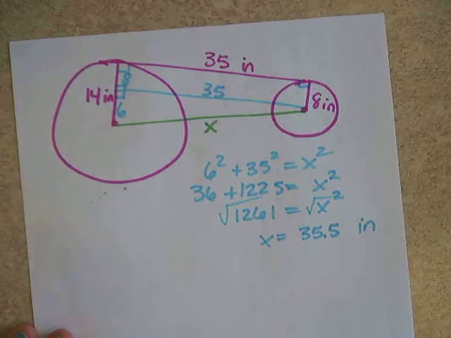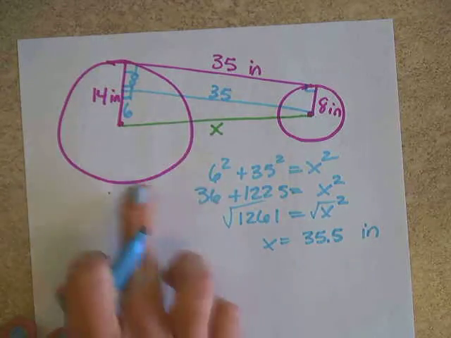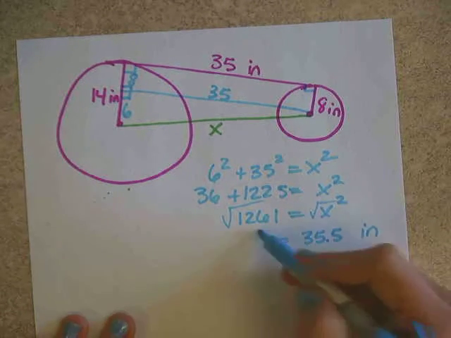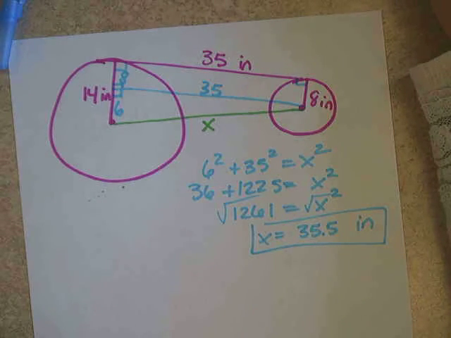So that would be 1261 equals x squared. Take your square roots, and x is 35.5 inches. Pretty close to our other distance, but it's bigger, so it should be, being the hypotenuse.